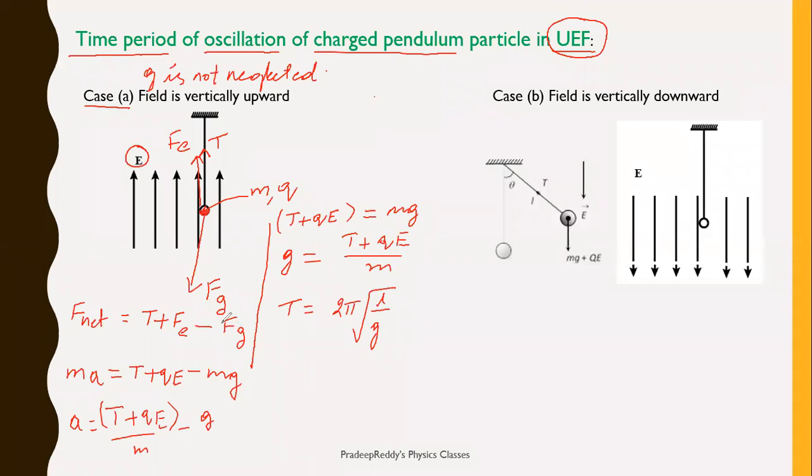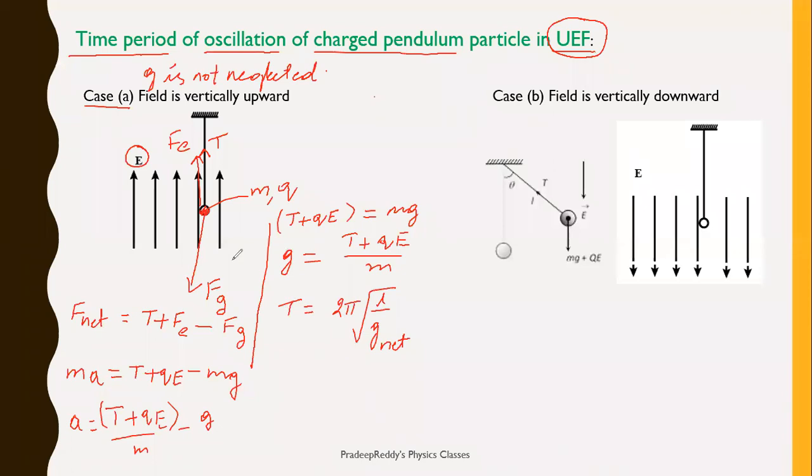You can find out net force acting on the charged particle, and from there you can find out net acceleration. That net acceleration can be substituted over here. I will write it as g net, and if you substitute here, you can find out time period of that particular simple pendulum.